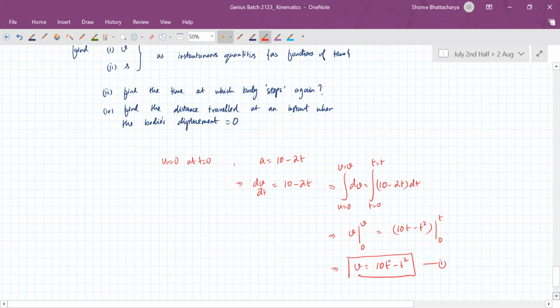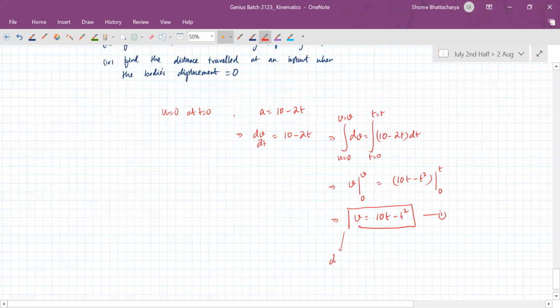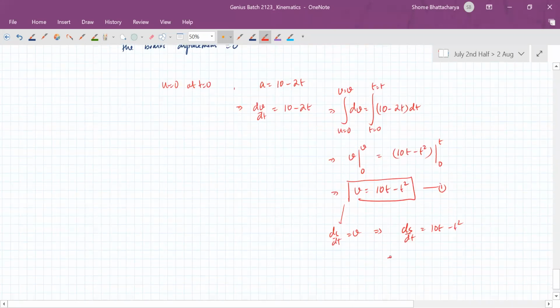Once you got that, you interpret this as ds by dt. Now the definition of displacement is such that at t equal to 0, s is equal to 0, and at time t, the displacement is s.